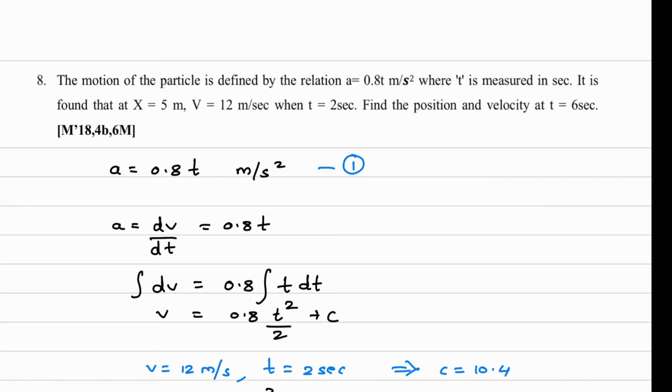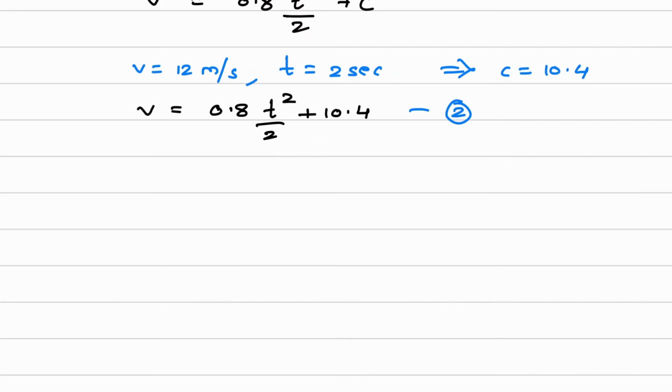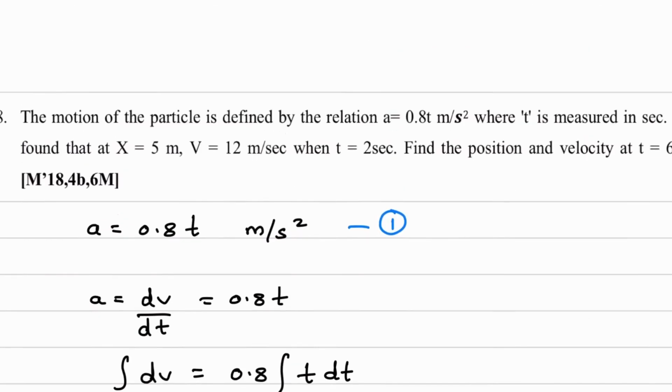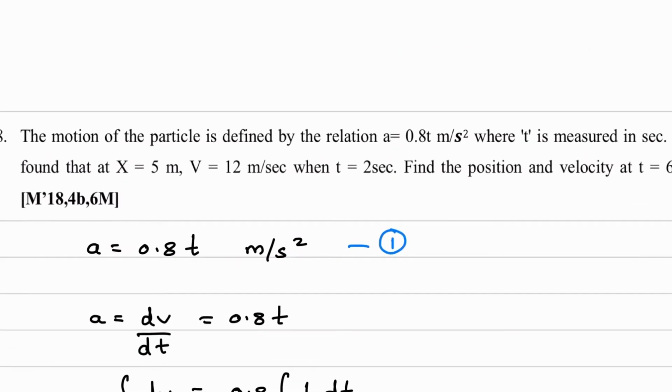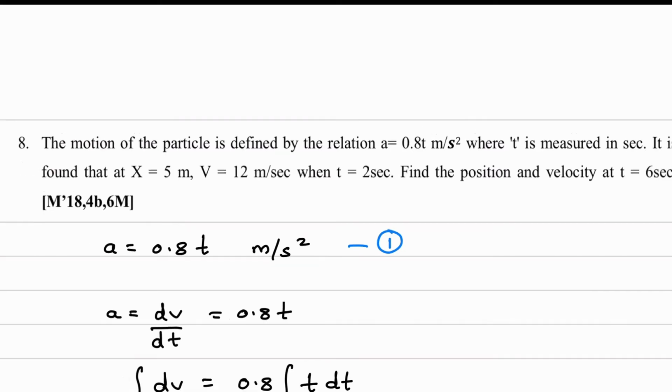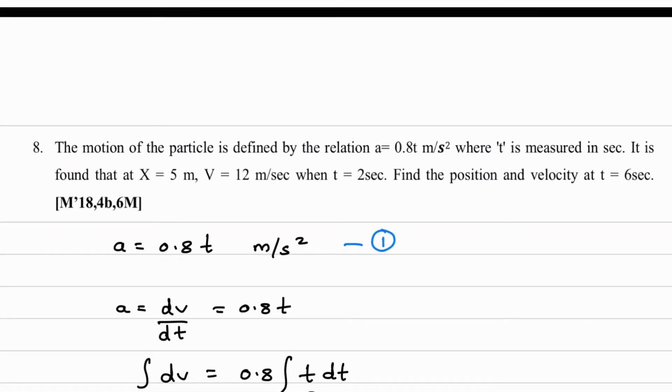What is asked in the question now, from that relation, what we have to calculate at time equal to 6 seconds. So this is relation between velocity and time. So what is asked now, we have to find velocity when time is 6 seconds. So just use that boundary condition.